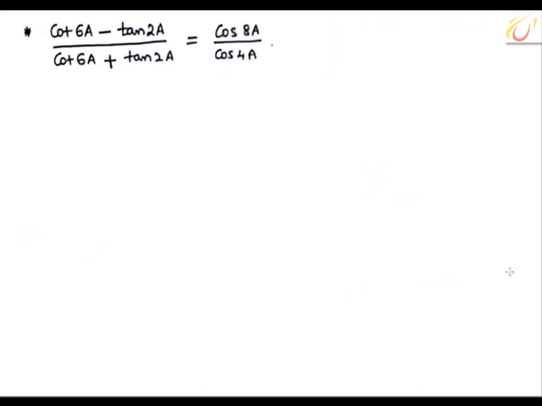Please try this sum. Cot 6a minus tan 2a upon cot 6a plus tan 2a is cos 8a upon cos 4a.